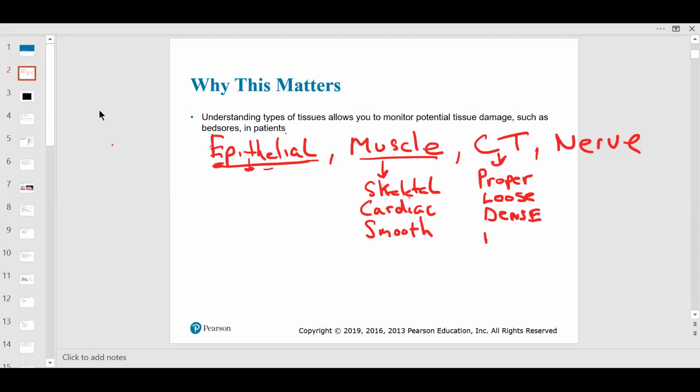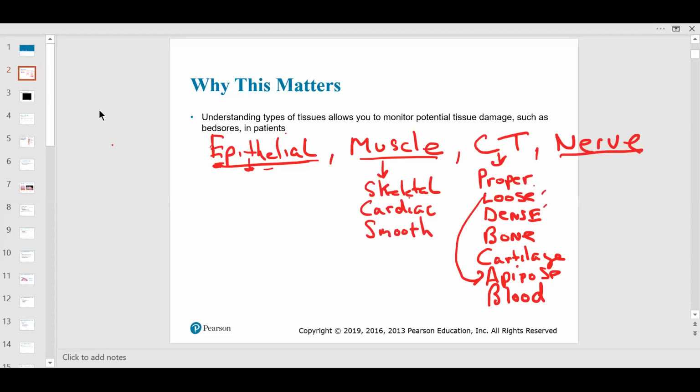And the specialized is bone, cartilage, adipose I would throw in there, even though that's loose, that's kind of not really specialized. Adipose is an easy one to see. Adipose and blood. So you should be able to identify all of those, everything.